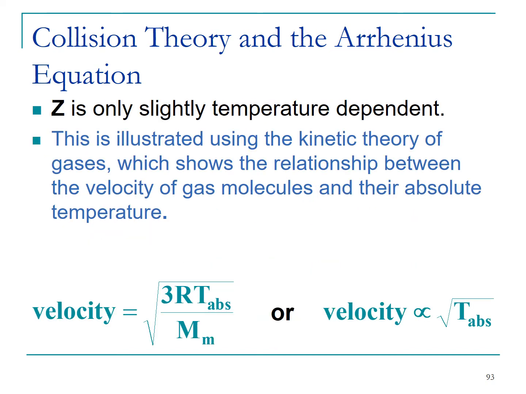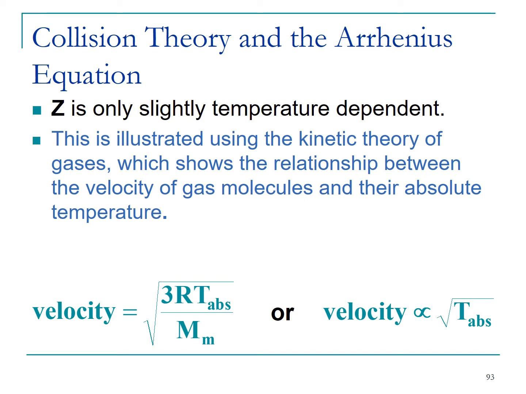So it turns out that Z, how often they collide, is not as temperature dependent as you might think. So when we say that you increase the temperature and molecules collide more often, yes, that's true, but it's not the most important fact about the temperature increasing the rate.